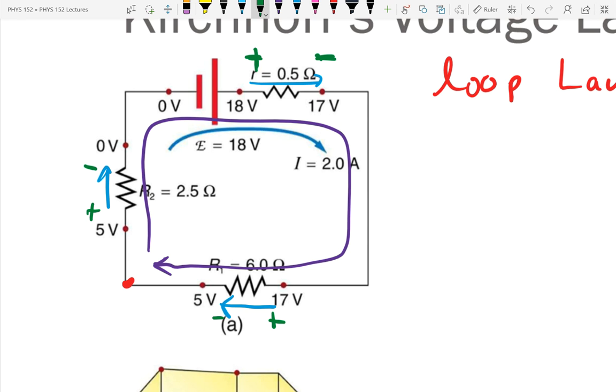You'll identify which side's positive and negative. You'll go through and do your calculations. And you might find that, oh, the current's negative. Well, that just means your arrow was the wrong direction. All the numbers will still be right. Okay, now that I've identified the direction of the current, for each of these, I go through and say the voltage is equal to IR.